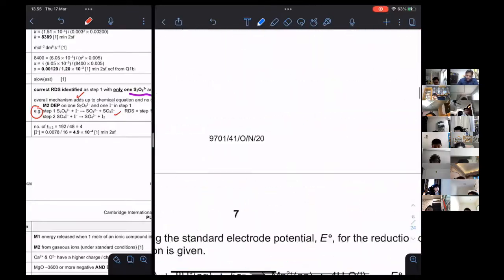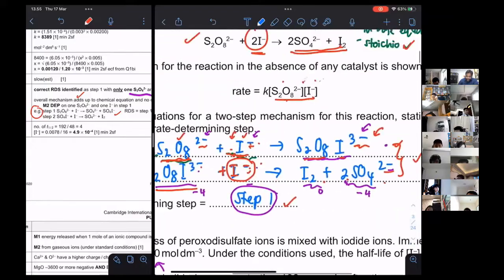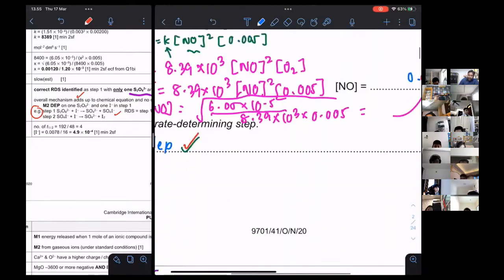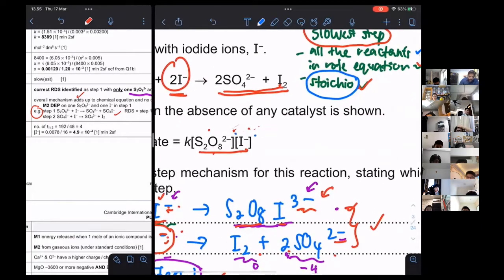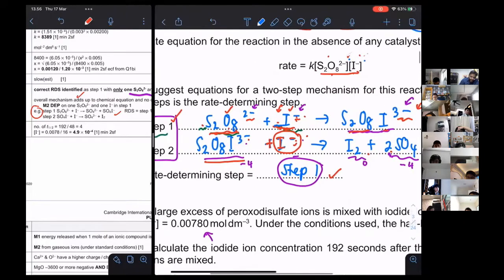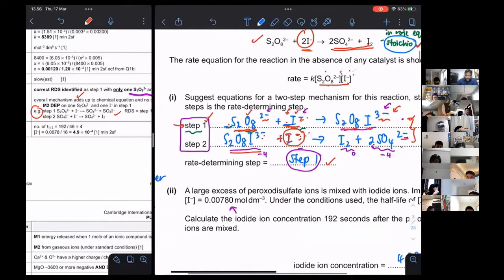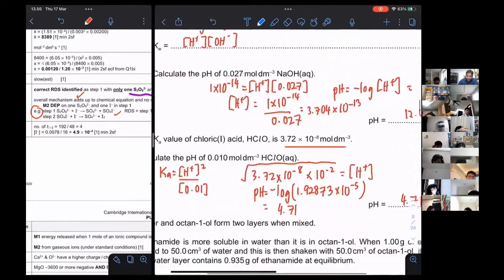When you are looking into the rate determining step, what did I tell you? Look at all the reactants in the rate equation, follow the stoichiometric value. If this is 1 and 1, therefore your slower step will have 1 and 1. Follow that. Now you are going to have to the power of 2 for the I minus.